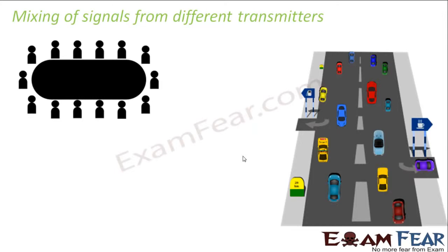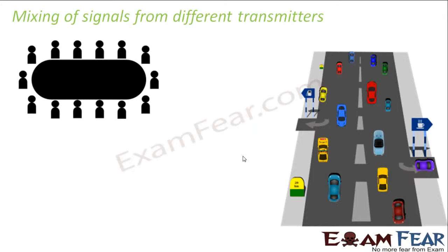If you look at the first problem, it arises because all of them speak at the same time. A possible solution could be to give each of them a time slot. Suppose there are 10 people inside the room and we say, okay, each of you will be given 5 minutes to express your views on this topic. What would happen?